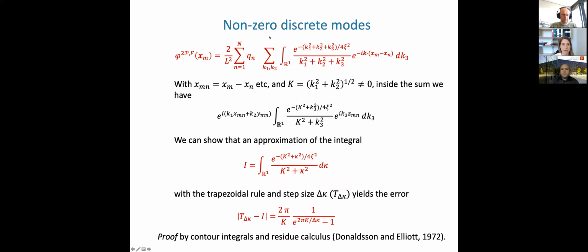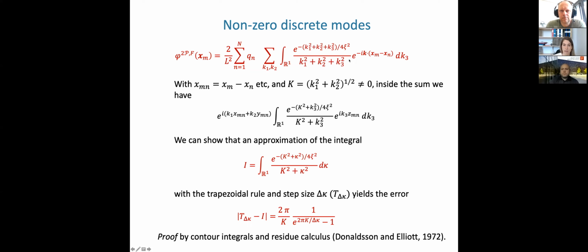So what happens if we have this one? Now we have a sum with 2 periodic indices here, and we have an integral in the third direction, so an integral only in one direction. We introduce this first part here as capital K squared. We've taken care of the case when it's 0, so it's different from 0, but it might be small.